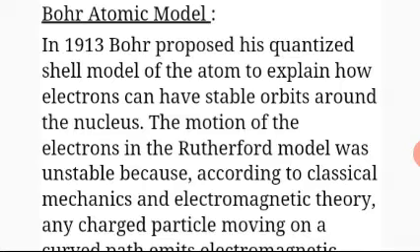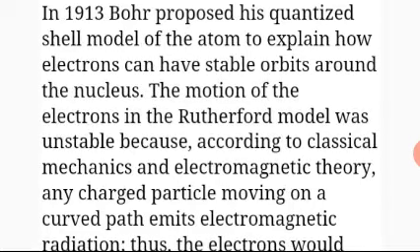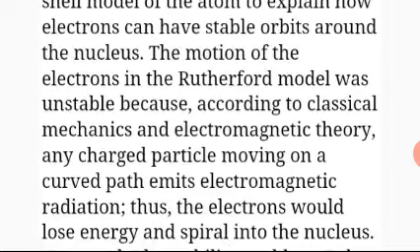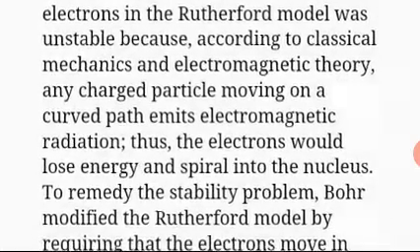The motion of the electrons in the Rutherford model was unstable because, according to classical mechanics and electromagnetic theory, any charged particle moving on a curved path emits electromagnetic radiation. When an electron revolves around the nucleus, it emits electromagnetic radiation, so the electron would lose energy.